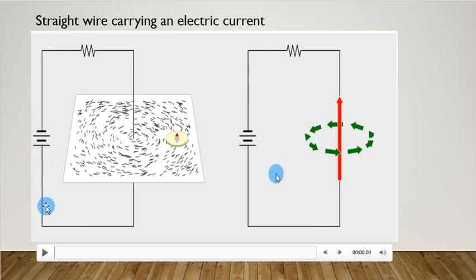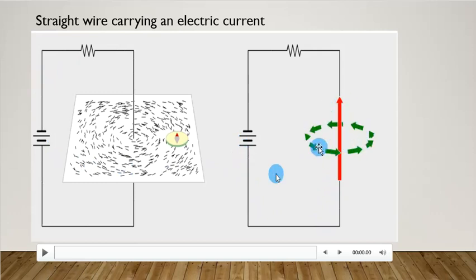Current will originate from the positive terminal and pass through the wire, which is made to pass through a paper sprinkled with iron filings. Those iron filings have arranged themselves in a circular pattern because of the influence of the magnetic field that develops around this wire. The direction of current is shown by the red arrow, and this is the direction of the field that will develop.